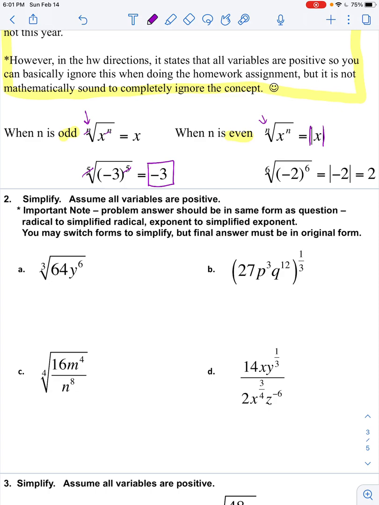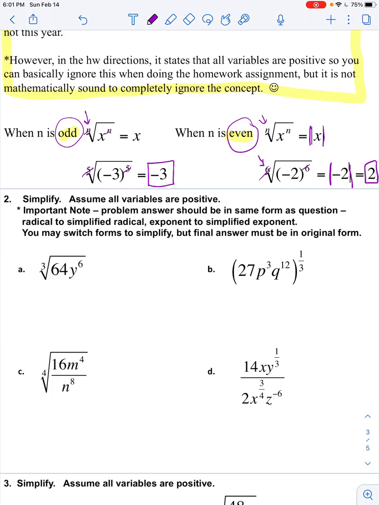So in this specific example, you can't just cross these off and get -2 because since this is even, you would be getting the absolute value or positive version of that. And so your answer is going to be 2. So just like in the solving video, you actually have to just take time to look at whether your index is even or odd because that's going to impact the possible answers you can get.